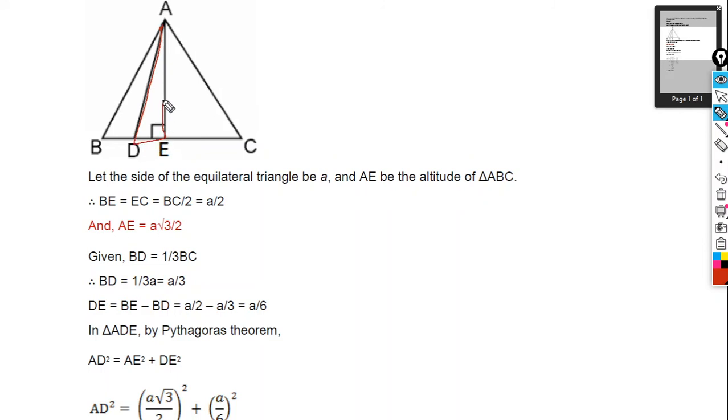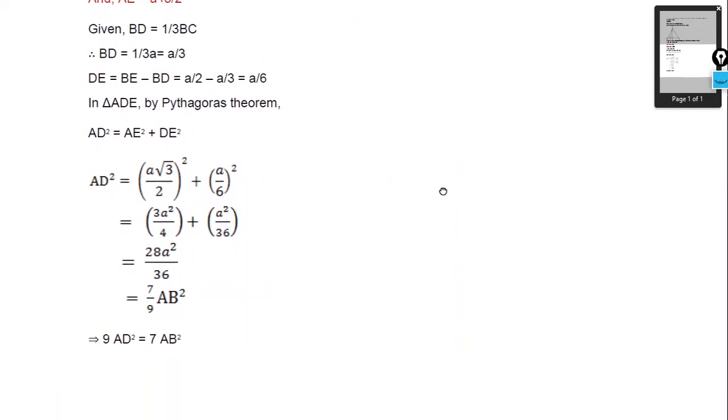In this triangle ADE, AD square equal to AE square plus DE square. I hope you have understood up to this. Now let's move downwards.